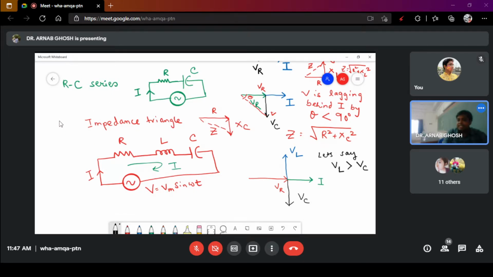If you reverse the direction of VC, it will become minus VC. So your VC has been reversed. What will the phasor look like?